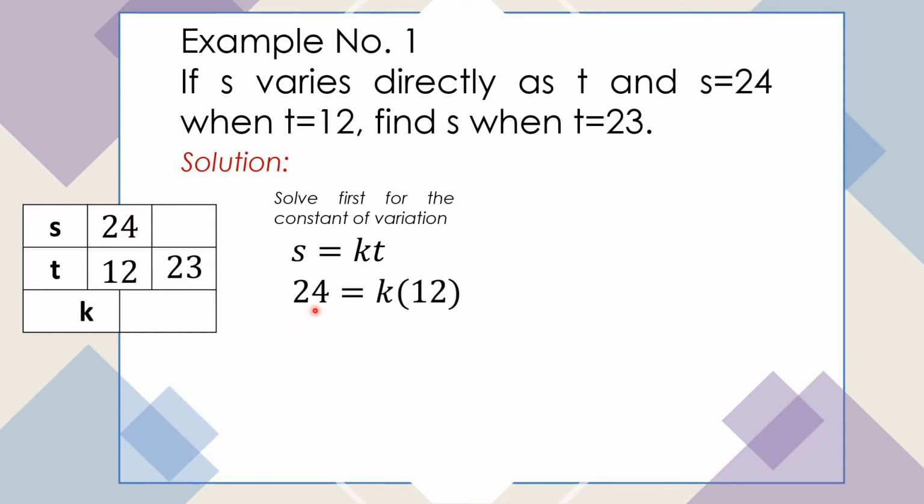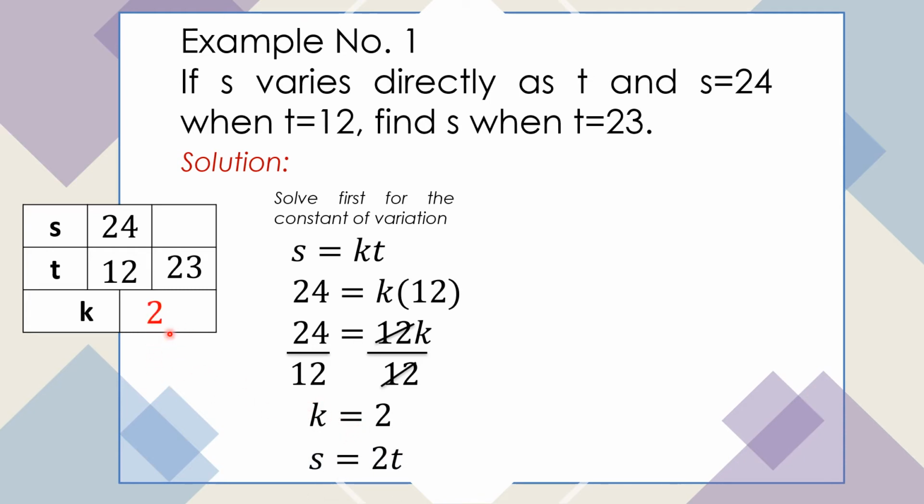Siya magiging 24 equals K times 12. Yung S naging 24, yung T naging 12. Then, solving the equation, K times 12 is 12K. Then, dividing both sides sa 12, cancel na to, 24 divided 12 is K equals 2. Therefore, ang constant natin is 2.